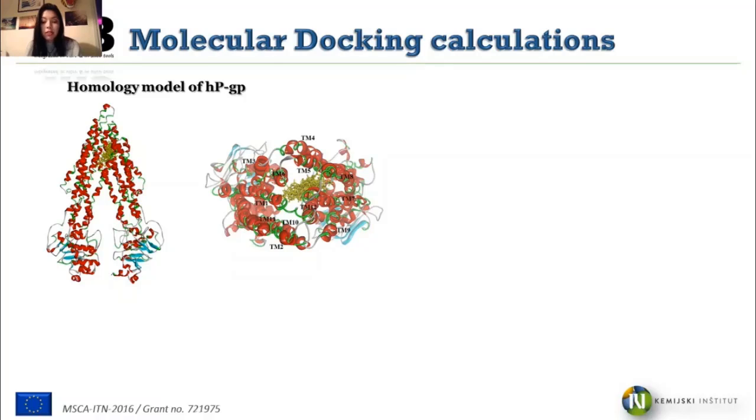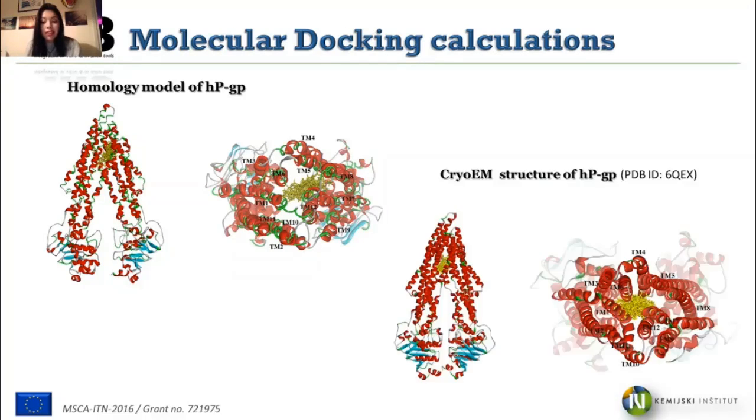The resulting poses were distributed within the transmembrane regions of the PGP, showing interactions with protein residues of multiple transmembrane helices. During the development of this study, the cryo-EM structure of the human PGP in the inward-facing conformation became available, so we also performed the docking into this new structure as a validation of our model results.